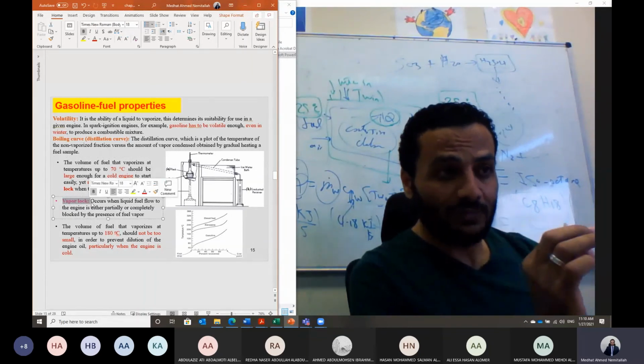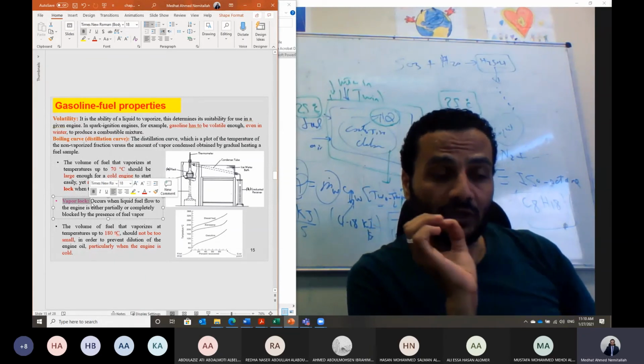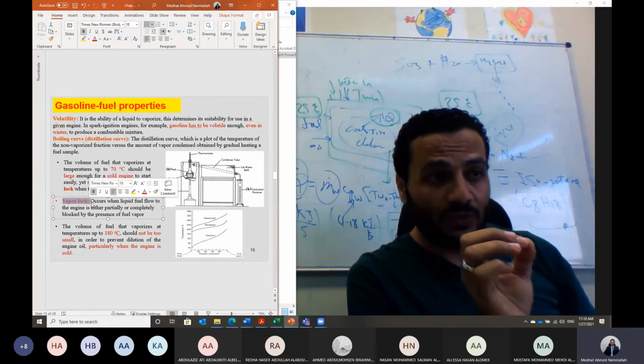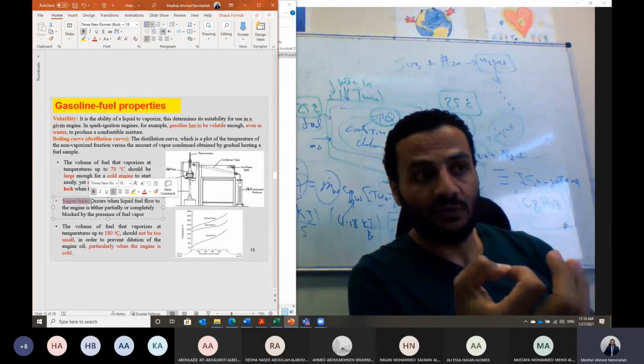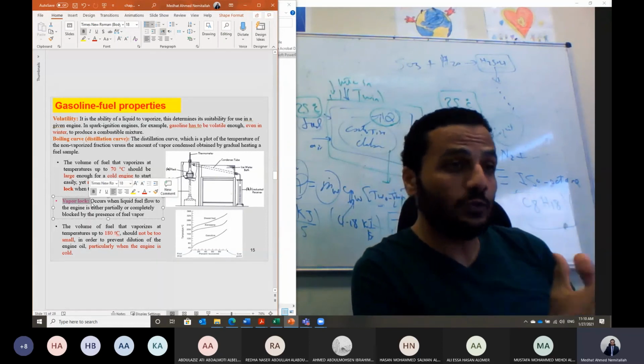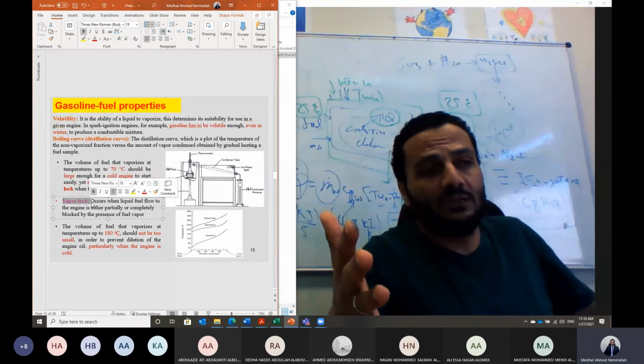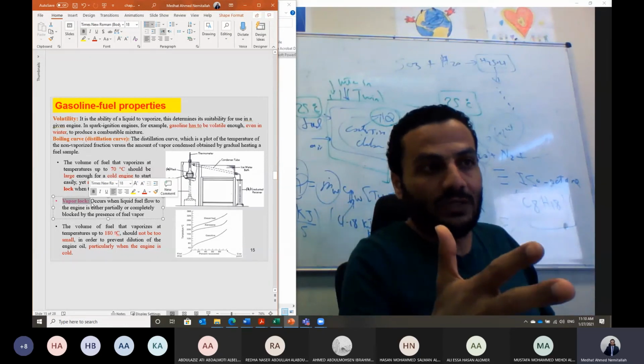Vapor lock, ya shabab, is when at the engine cold start the fuel is more than volatile enough, and more fuel is converted to the vapor phase. When it is converted from liquid to vapor, it needs more space, because the gaseous phase needs more volume compared to the liquid phase.